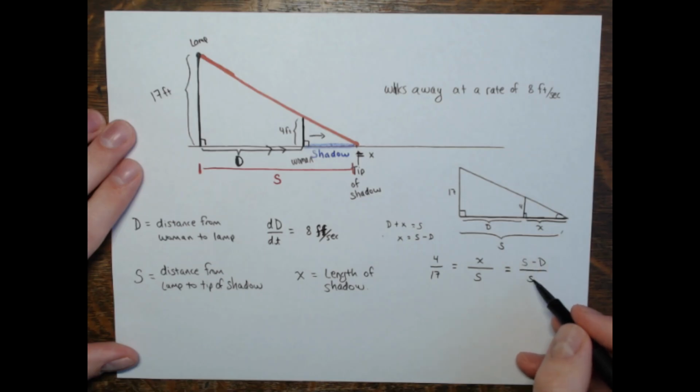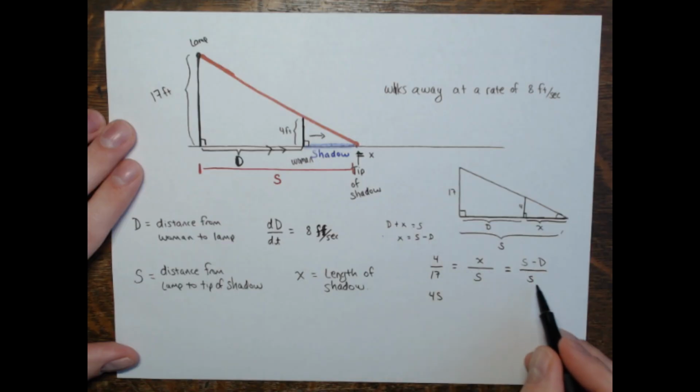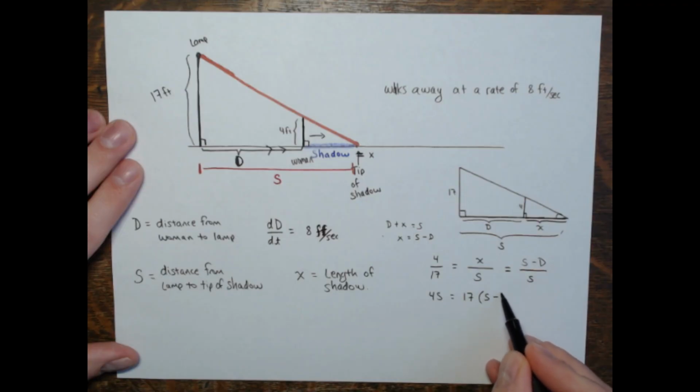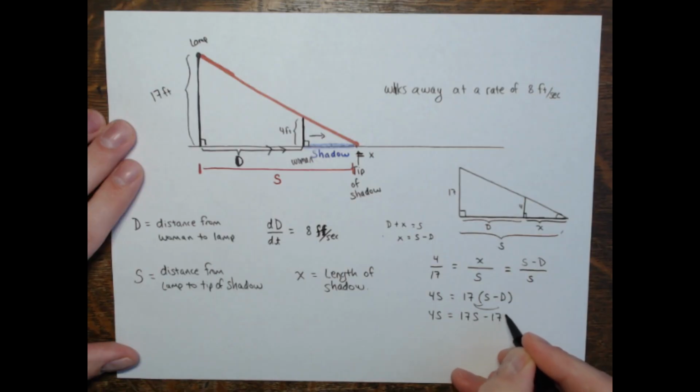And then I can solve this for s pretty easily. Now this would imply that 4 times s, doing cross products here, means times extremes, is equal to 17 times s minus d. And then distribute the 17 here. Take away 17s, we'd have negative 13s equals negative 17d, divided by negative.